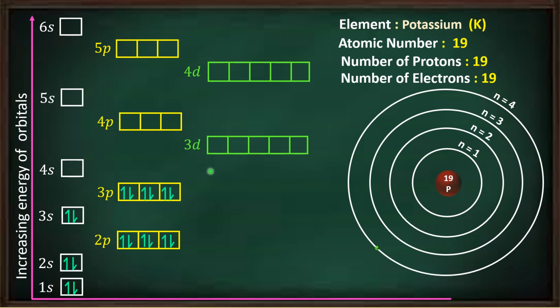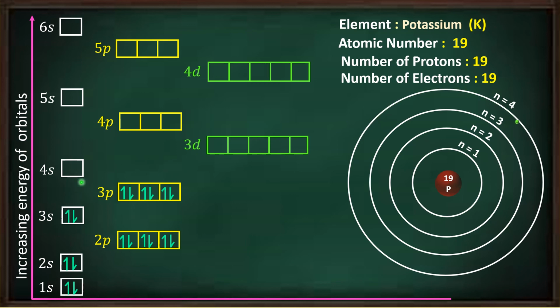3d orbitals are there in the third orbit only. Even though 3d orbitals are there in the third orbit, they will not be filled before 4s, isn't it? Once 3p orbital is completely filled, electrons enter into 4s instead of 3d, because the n plus l value of 4s is less than 3d.